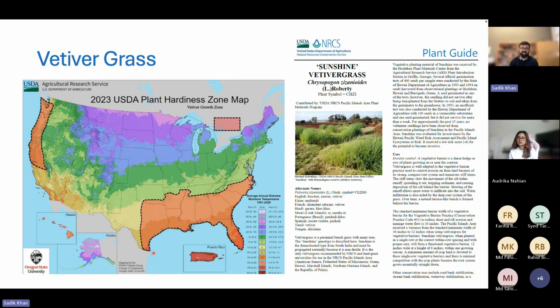We haven't seen the vetiver die, meaning that once it establishes the root system, it can survive in cold conditions too. But we need more test results to validate that.